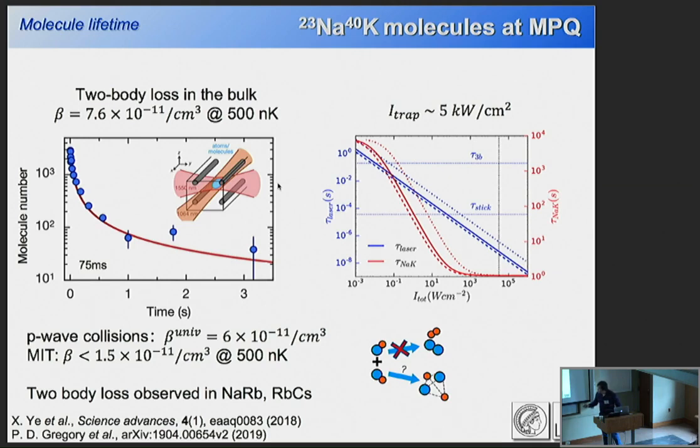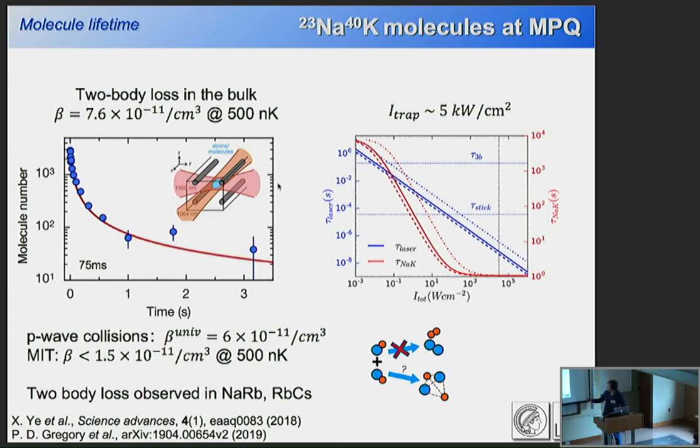But you heard a lot of discussion about sticky collisions and two-body loss. Similar behavior has been observed in sodium-rubidium and rubidium-cesium, so I think it's an open question. In the future, we will definitely try to clarify this more clearly.